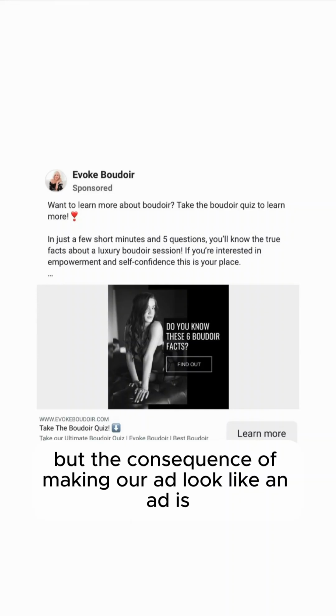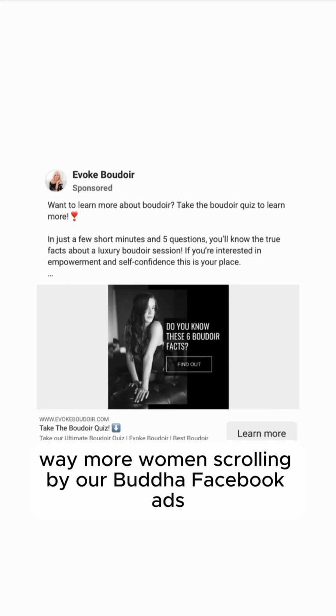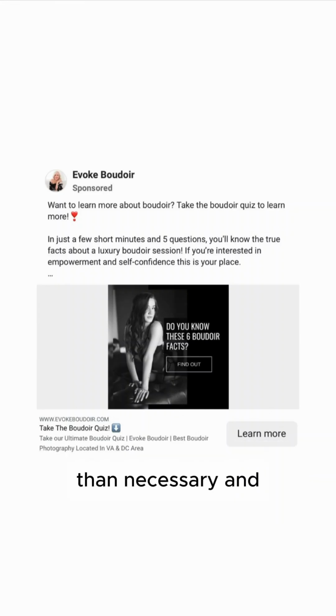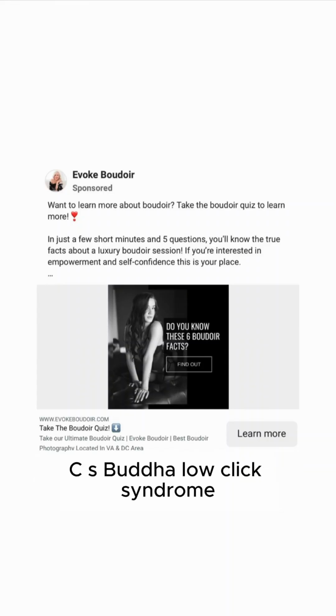But the consequence of making our ad look like an ad is way more women scrolling by our Boudoir Facebook ads than necessary. And as a result, it pulls our unique CTRL under 6%, and it actually contributes to BLCS, Boudoir low-click syndrome.